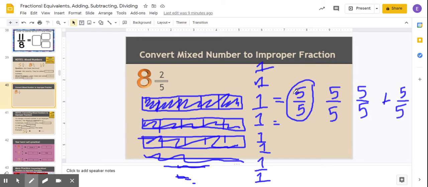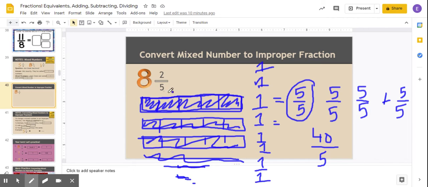So you're going to have 5, 5, 5, 5, 5, 5, 5, 5, which becomes 5 times 8, which becomes the same thing as 40 out of 5. The denominator stays the same because it still takes the same amount of little, blue pieces to cover the whole. The whole is still chopped up into 5 bits.